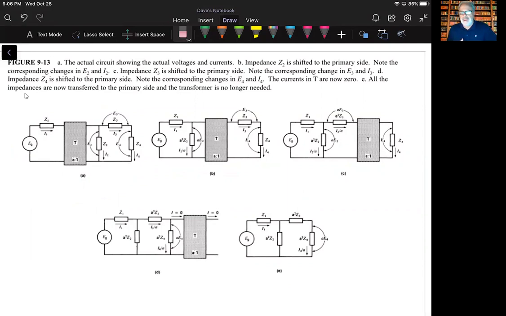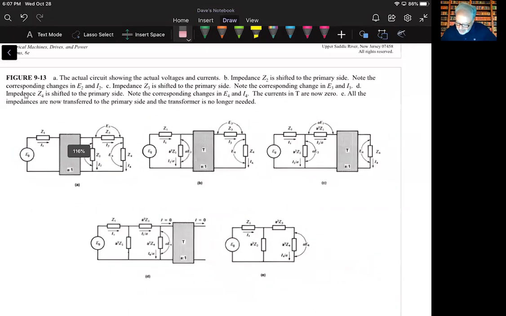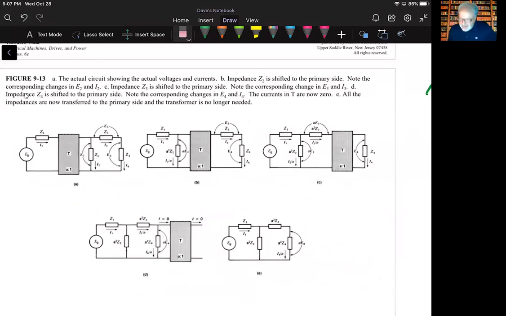In terms of actually working a problem this involved, we probably won't, but I think it's important that you're able to look at it and understand what's going on. There are parts of this that we will absolutely use in some problems that we work at the end of this.